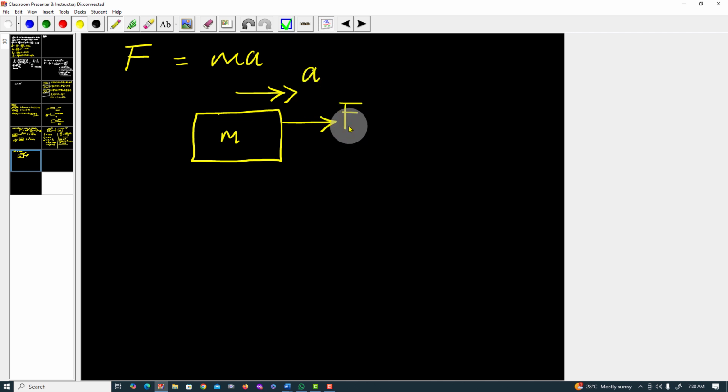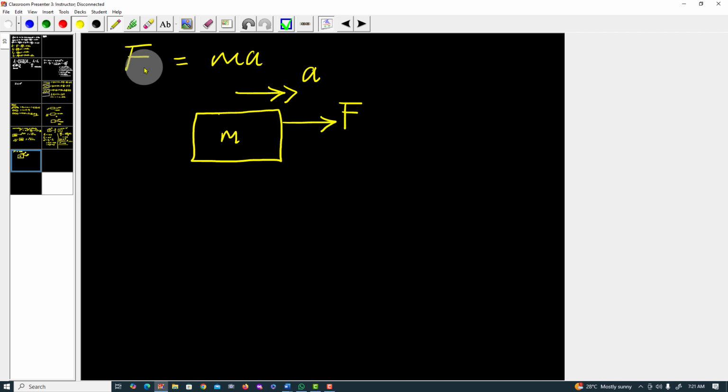It is so important to realize this. There is a resultant force which acts on this object, and it produces an acceleration on that object, and that acceleration must be in the direction of the resultant force.